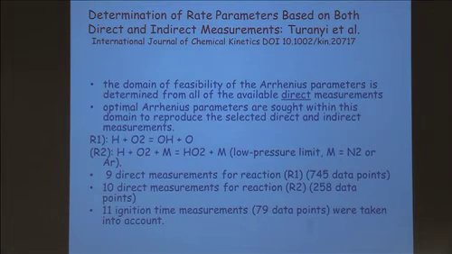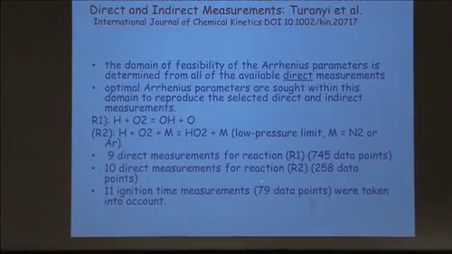And then what he does is he takes measurements of things like ignition delays, ignition limits for hydrogen-oxygen systems. So he's got several direct measurements, 9 direct measurements with 745 data points, 10 direct measurements for, this is for reaction 2, H plus O2 plus M, and then 11 ignition time measurements with 79 data points.